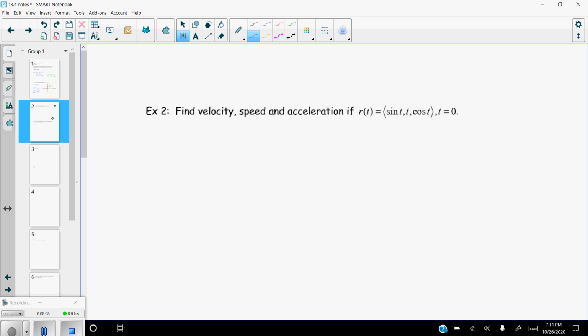Find the velocity, speed, and acceleration of r of t. Again, the process of doing this using calculus and algebraically is not too difficult. I want to take a look at the graph of this one as well when we're done.